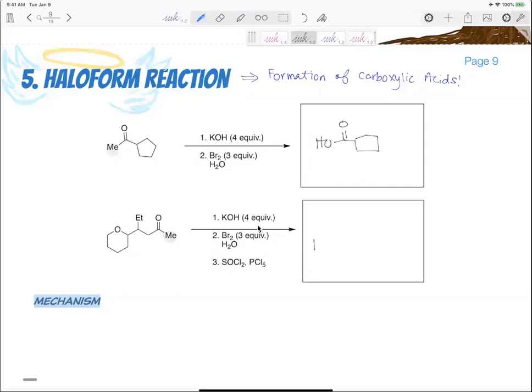Right, so same thing for this one here. Right there, okay? You're forming a carboxylic acid.